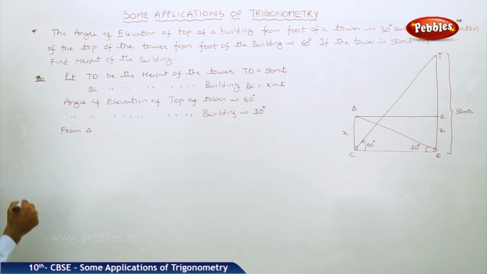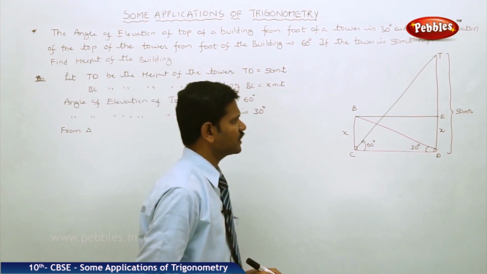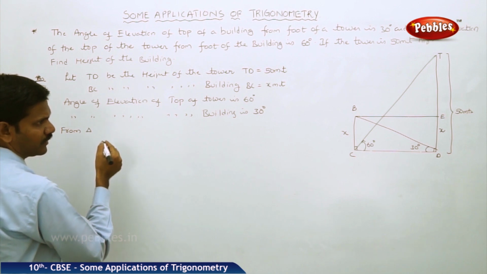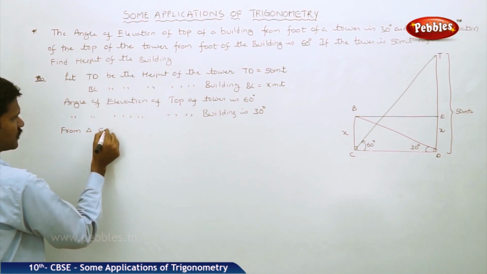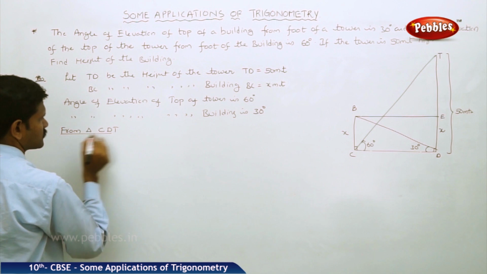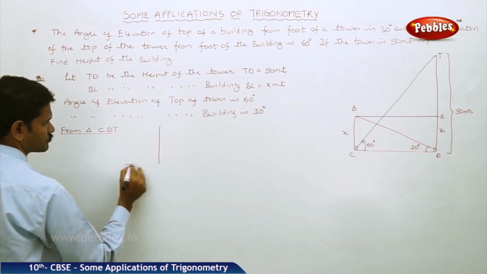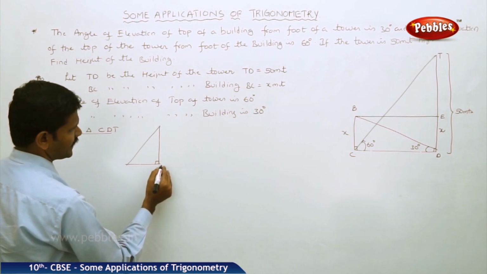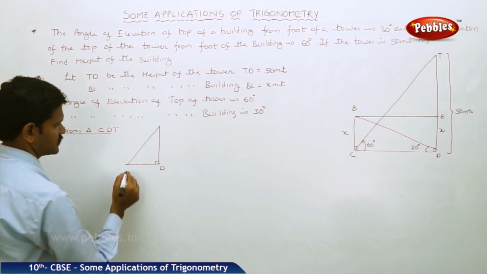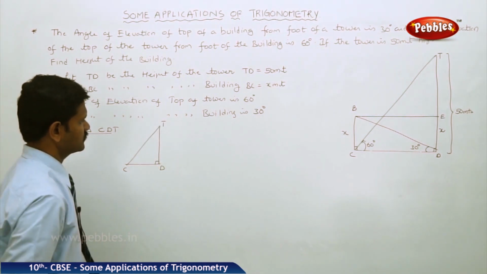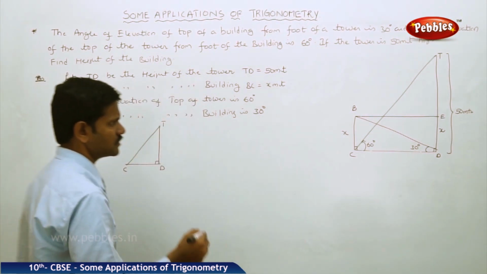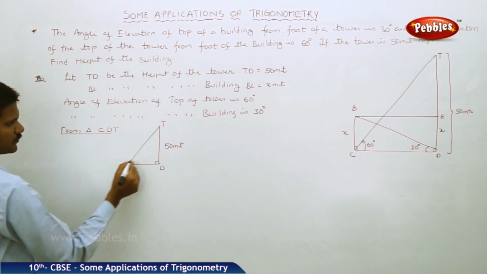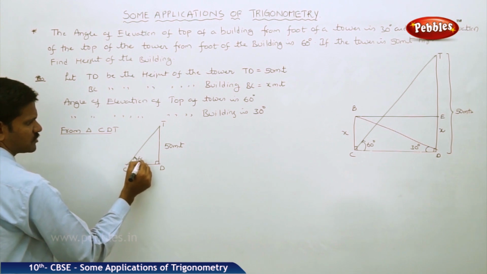Now from the big triangle CDT, let us take it out. The right angle is at D, and DT, the height, is 50 meters, which makes an angle of elevation of 60 degrees.